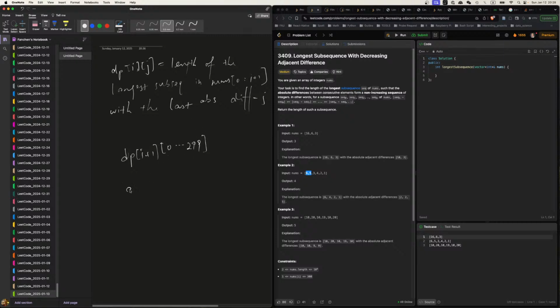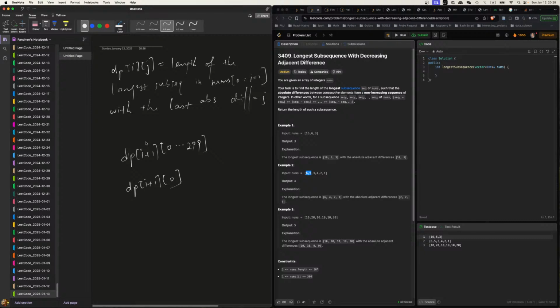So if I want to compute dp[i+1][0], what do I do? I know the previous. That is the thing. If you just say including, that's not going to work.